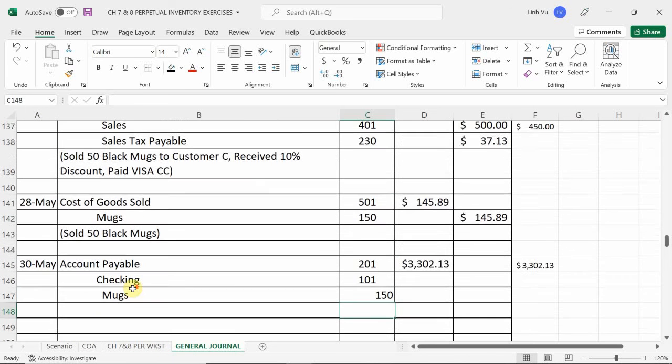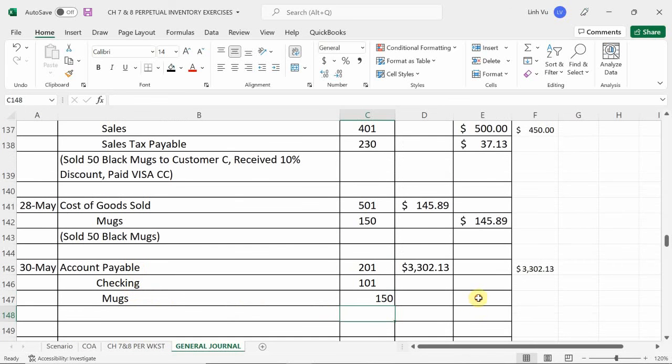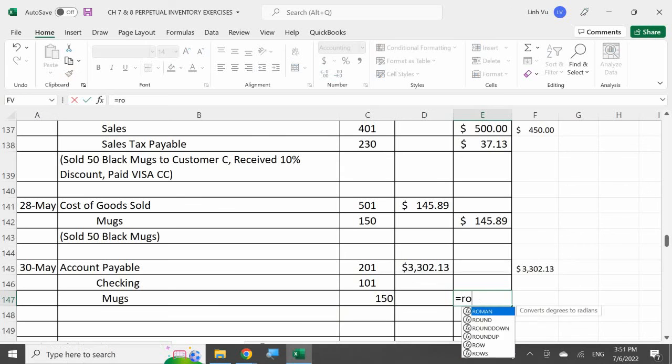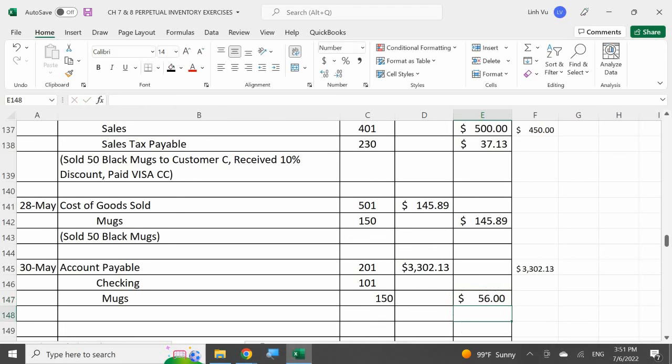You can calculate that down here as well. So we're going to be receiving a 5% discount off of the $1,120 here, and that's going to give you $56.